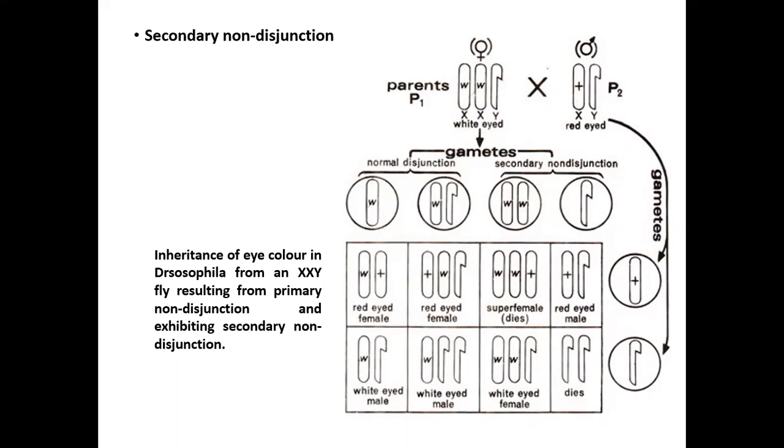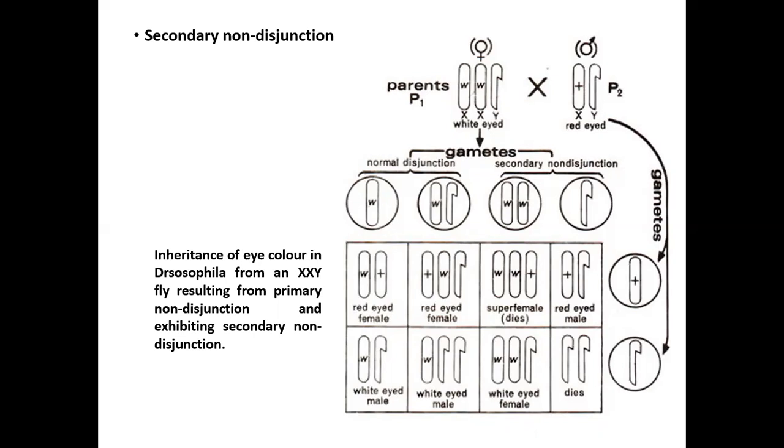XXY would normally disjoin into X and XY, but secondary non-disjunction results in gametes carrying XX and Y. These are the results obtained from this experiment involving XXY white-eyed females and XY red-eyed males, as you can see in this picture.